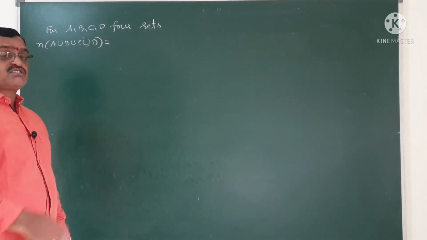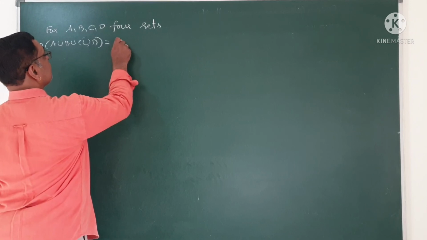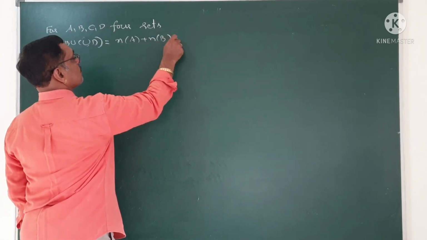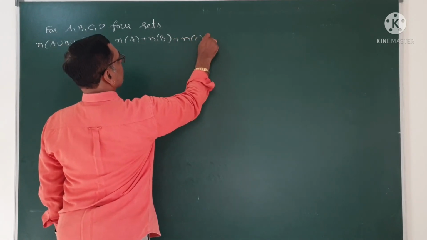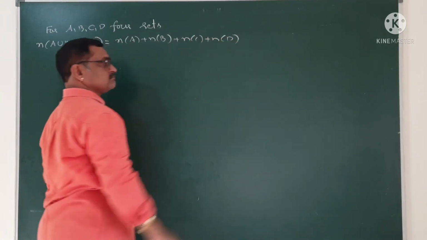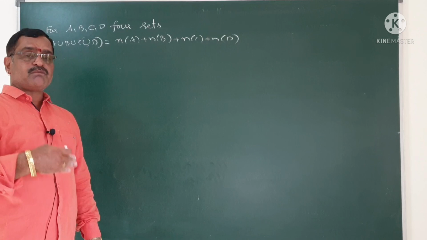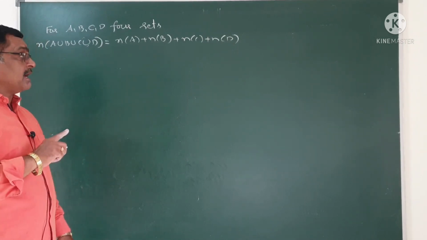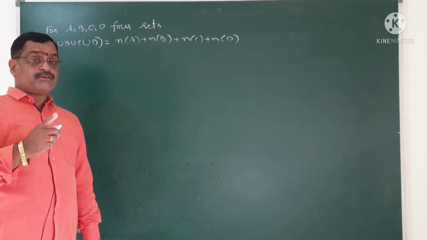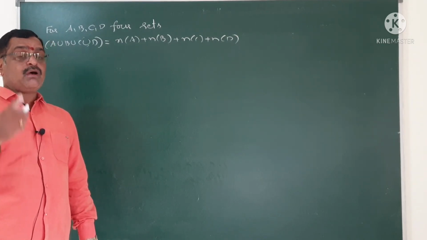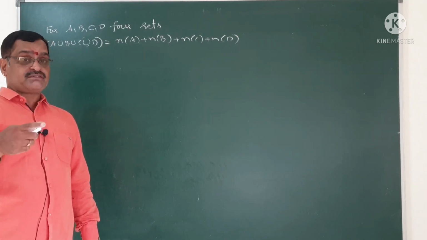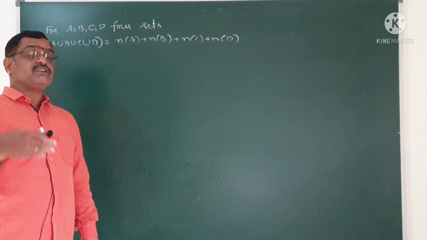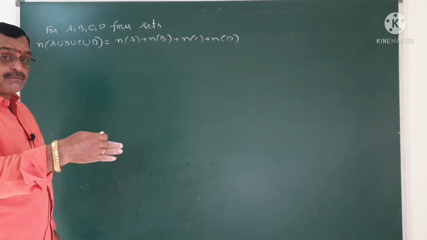As per my first principle, first I take the number of elements in each set and add all of them. Then I take all the combinations of two sets, take their intersections, take the number of elements in those common parts, and subtract all.